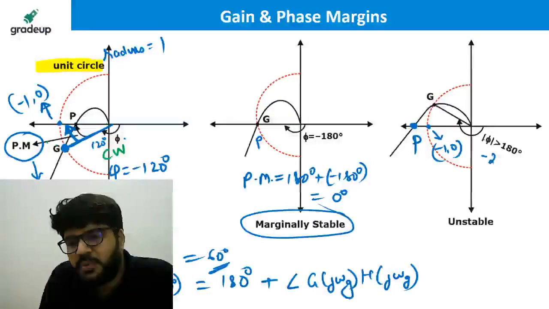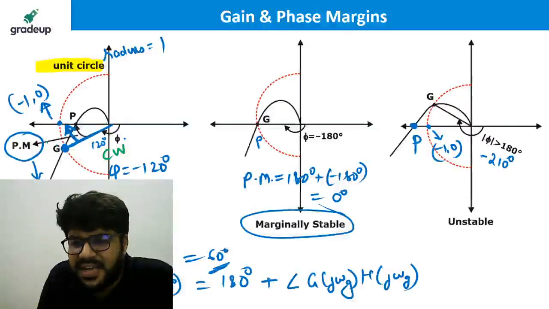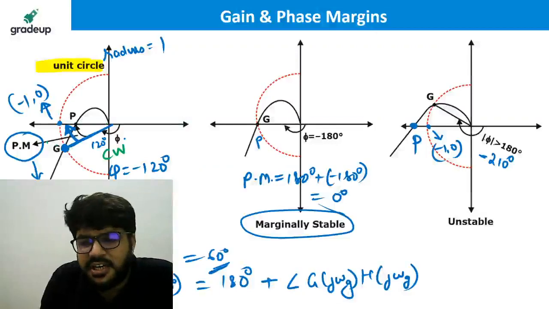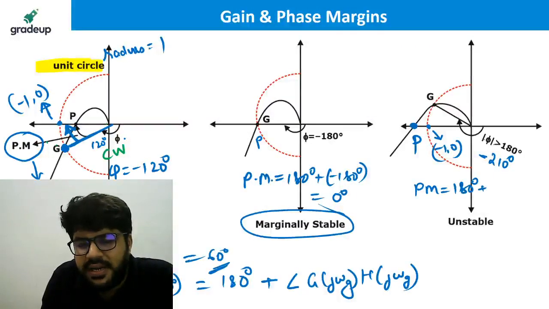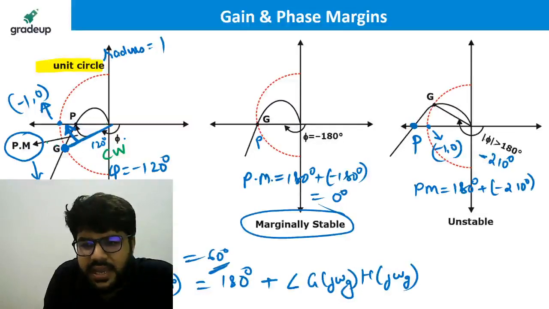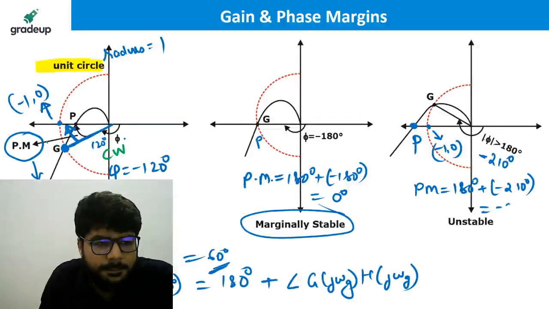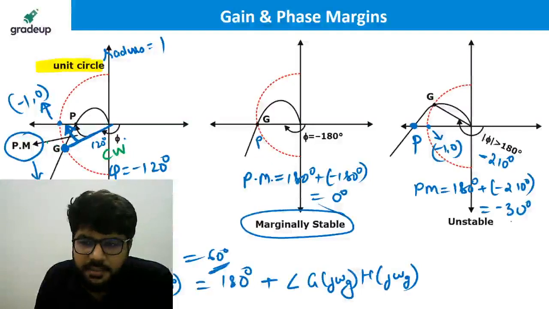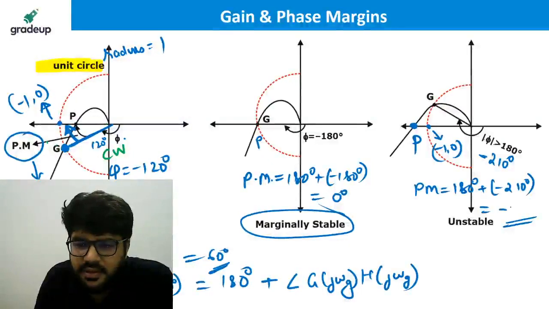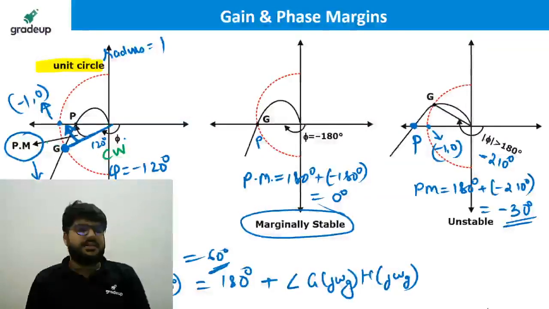Suppose it is minus 210, minus again because it is clockwise. So what is the phase margin? It is 180 degree plus minus 210, and that is equal to minus 30 degree.